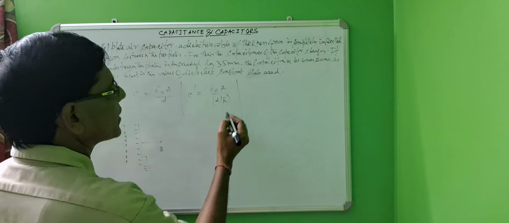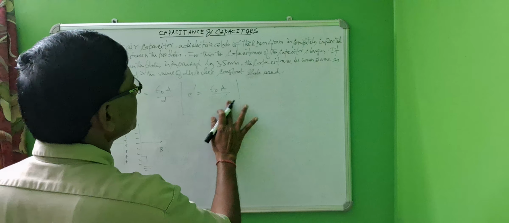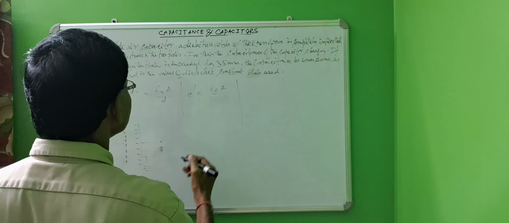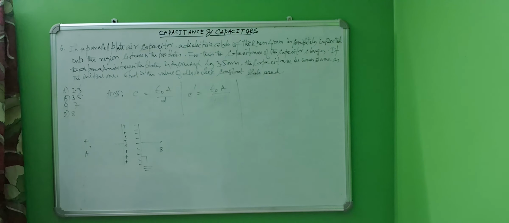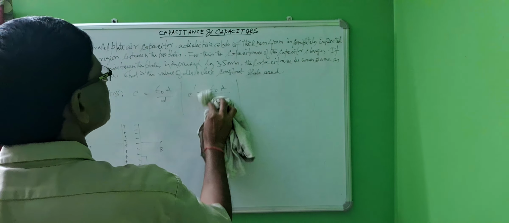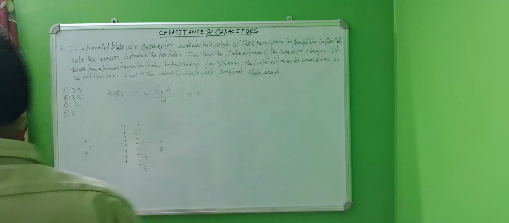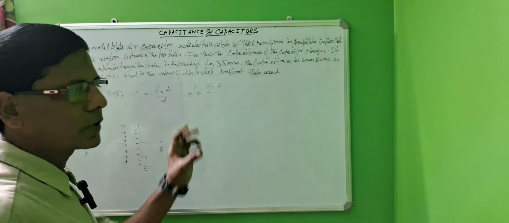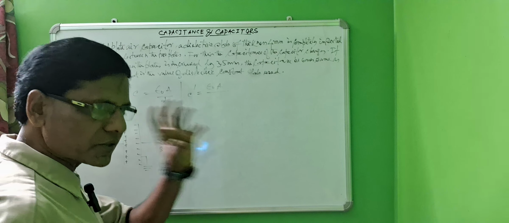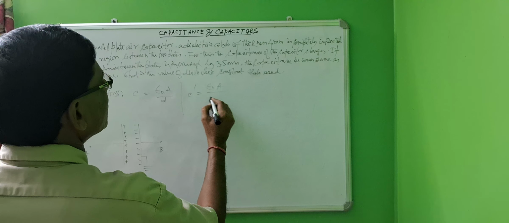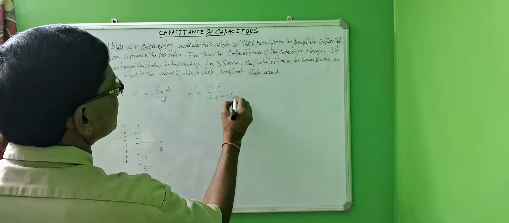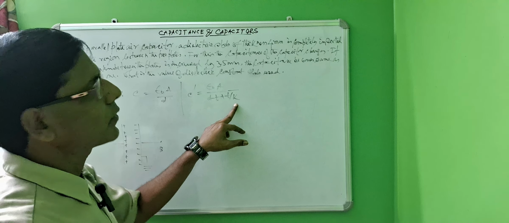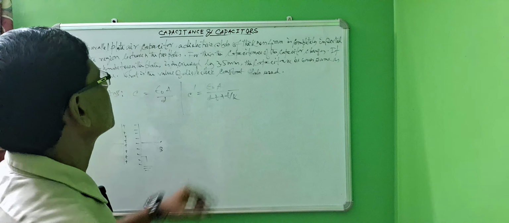So how will C double dash be obtained? C double dash will be obtained in this way: epsilon 0 upon, suppose the thickness of the dielectric slab is t, so d minus t plus t by K, because this is for air and this is for the dielectric slab used.